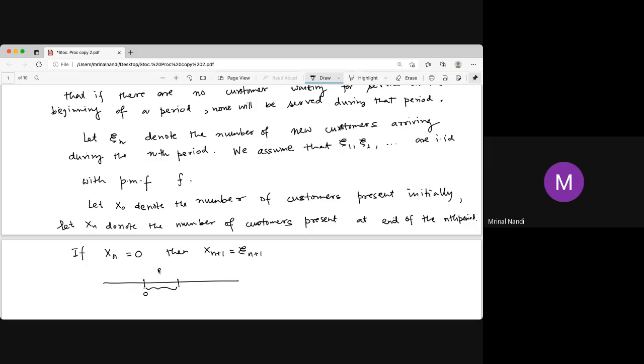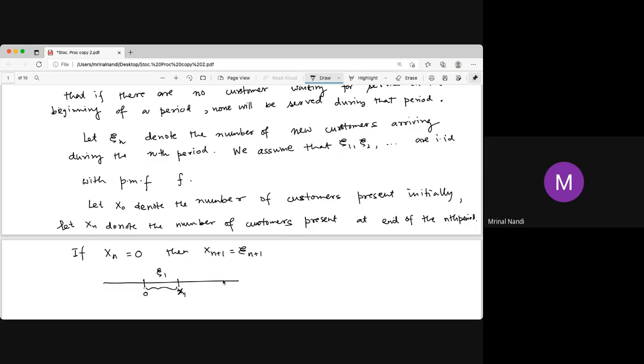In that period, n is 0 here, so ξn plus 1, that is ξ1 many customers, came in this period. So x1 is actually ξ1.